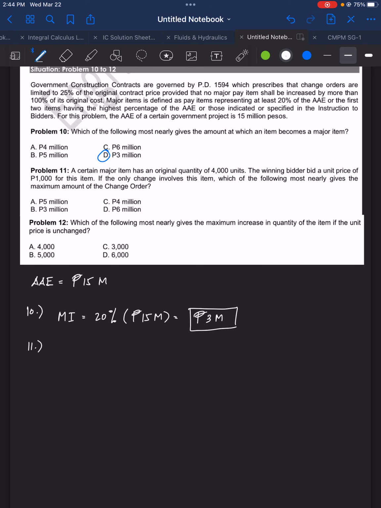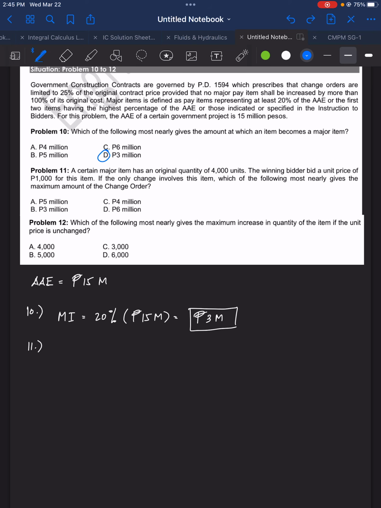Okay, we have here number 11. A certain major item has an original quantity of 4,000 units. The winning bidder bid a unit price of 1,000 pesos for this item. If the only change involves this item, which of the following most nearly gives the maximum amount of the change order?